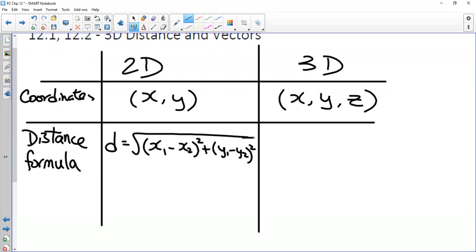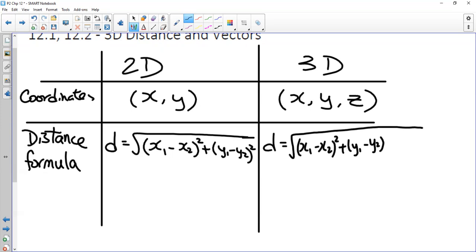Well, for 3D, it's all the same, we just add a bit with the z in there as well. So the distance equals the square root of x1 minus x2 squared plus y1 minus y2 squared plus z1 minus z2 squared.